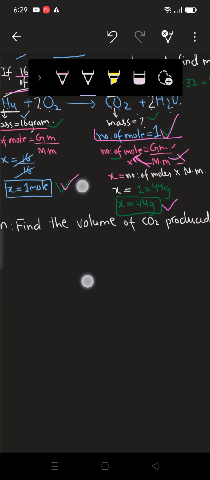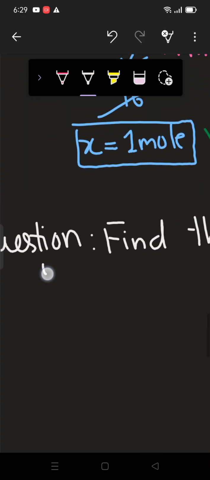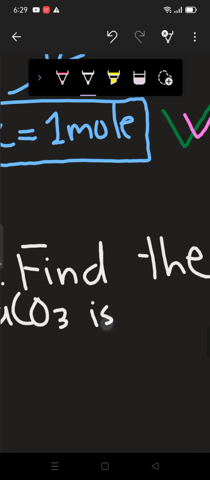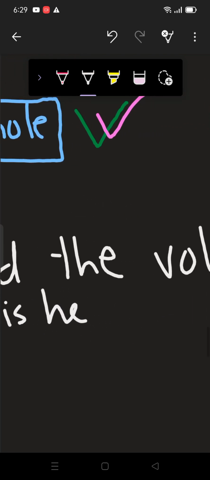CaCO3 is the calcium carbonate, right, is heated, right?